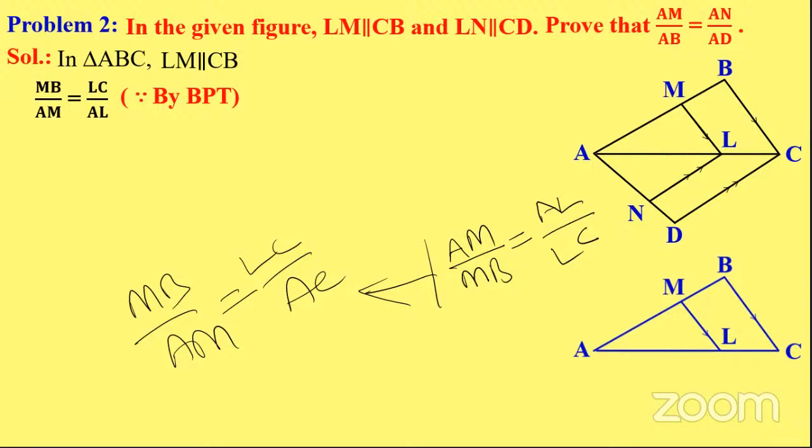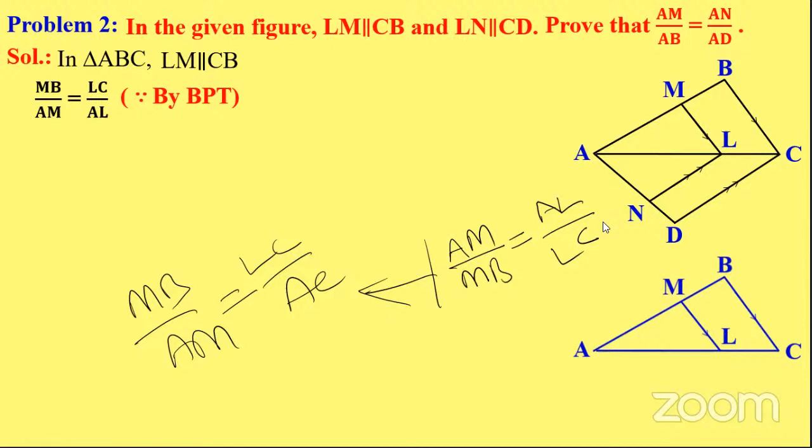I reversed both sides, LHS and RHS: MB by AM is equal to LC by AL. To prove that, we need to do it like this. So please keep in mind, we have to do like this only, otherwise the problem will not execute.